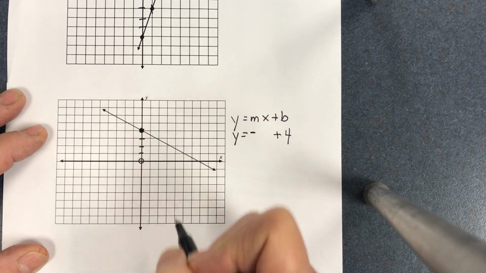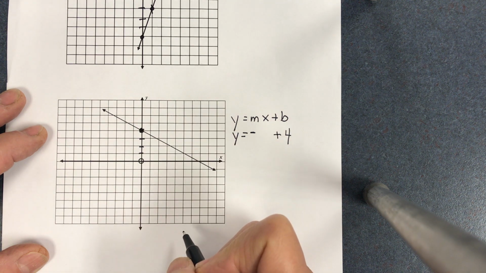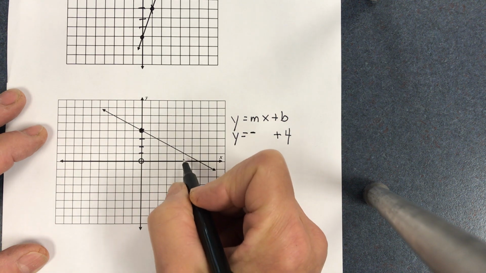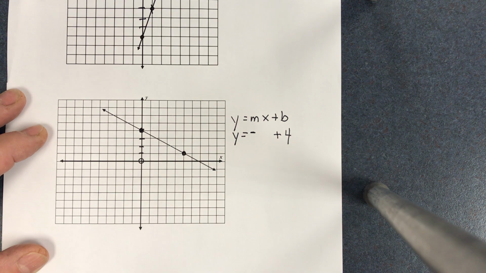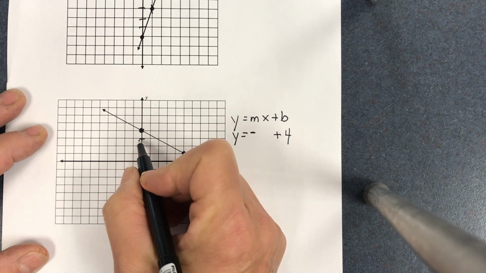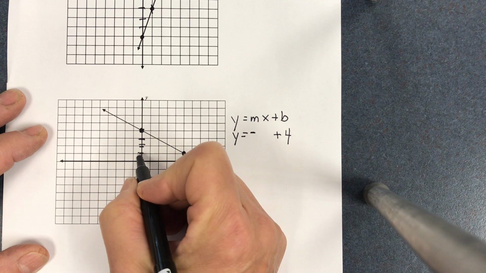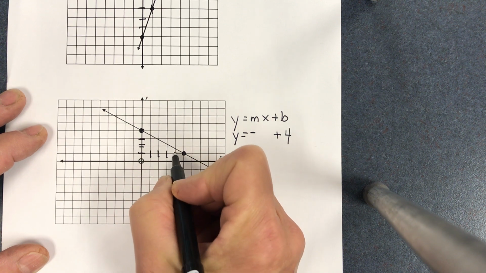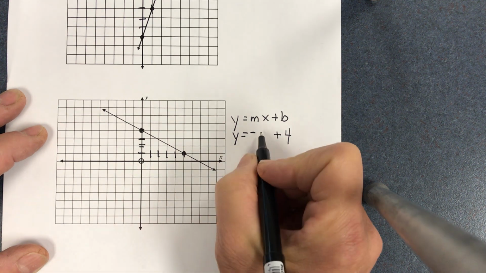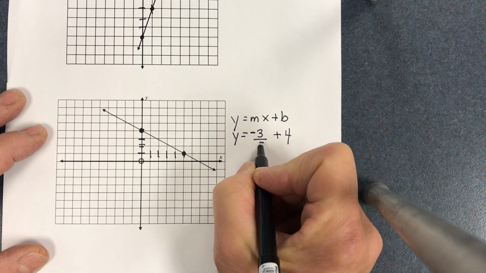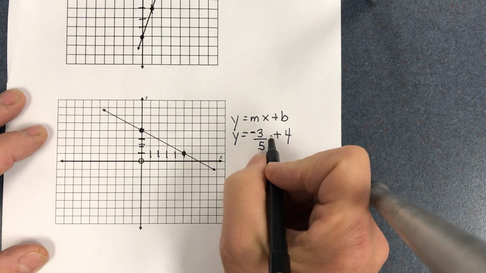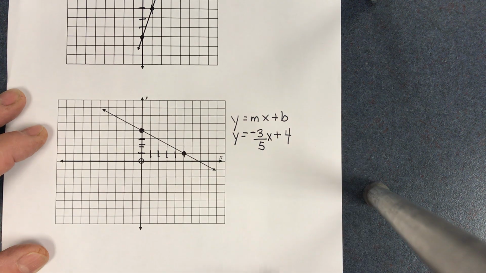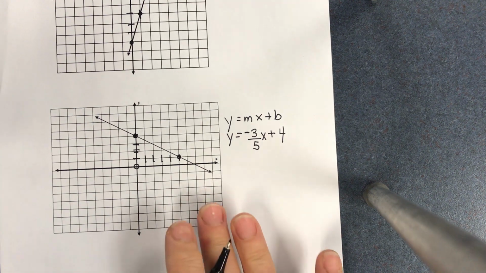Here is a perfect intersection point, and here is a perfect intersection point. So I'm dropping 1, 2, 3. So I'm dropping 3, and 1, 2, 3, 4, 5, running 5. Y is equal to -3/5 x plus 4.